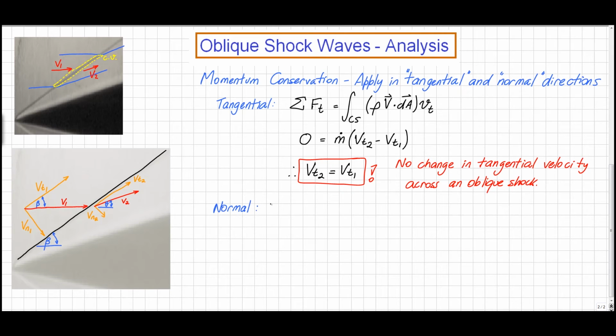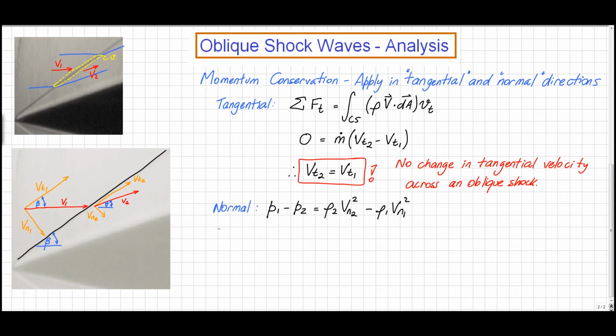So we'll get out of this P1 minus P2, and we're going to get some change in the momentum, and this will come out to be ρ2, density of the flow coming out, Vn2, because we're interested in the normal components of velocity, squared, minus ρ1 Vn1 squared. And we've got rid of the A's there because they'll cancel out.